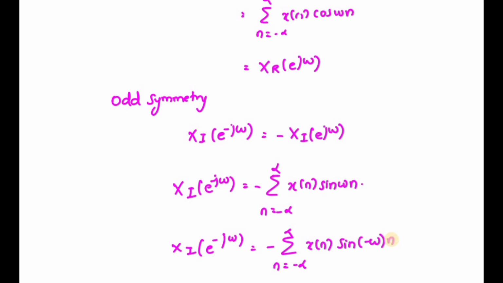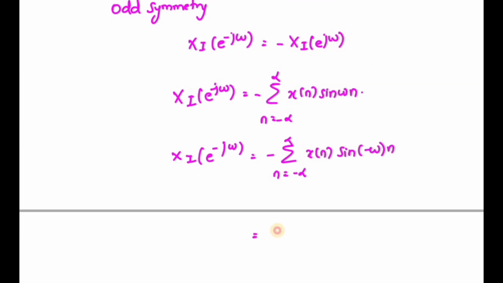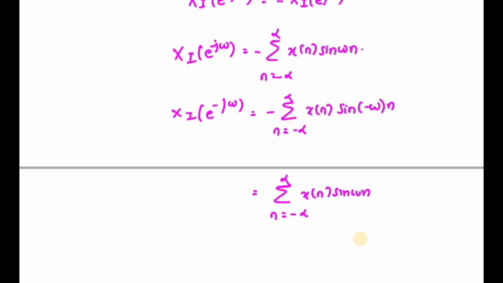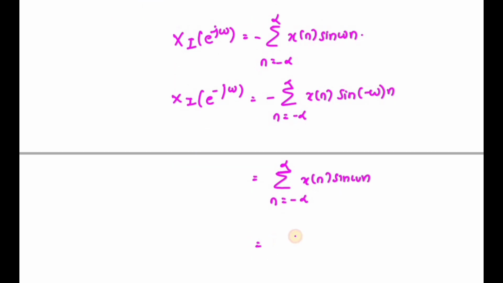Sin of minus omega is minus sin omega, so you will get summation x of n sin omega n, which is nothing but minus of XI of e power j omega. So hence it is proved: XI of e power minus j omega is equal to minus of XI of e power j omega.